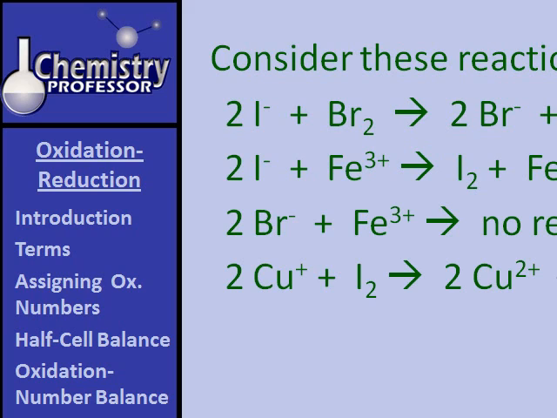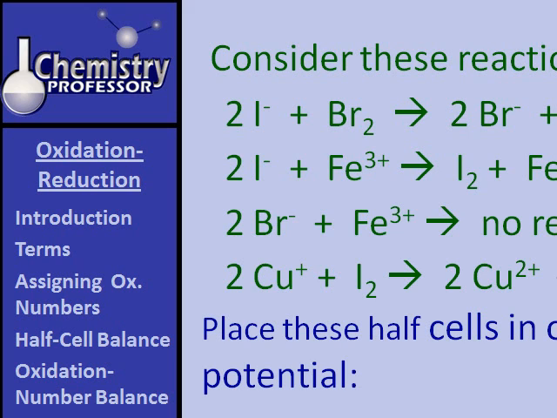And when we put the cuprous ion with iodine, we get the cupric ion plus iodide ion. Now, I want you to place these half cells in order of reduction potential, from the greatest reduction potential to the lowest reduction potential. Pause this presentation while you work, and let's get it in there.